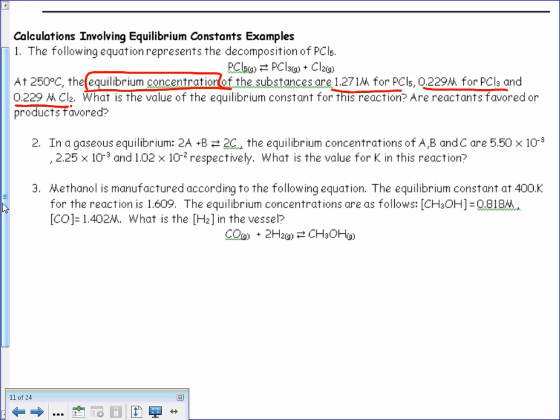The question is, what is the value of the equilibrium constant? What is that asking for? K. We need to always remember what the equilibrium constant is. It's asking for K. And then it asks whether the reactants or the products are favored. Before I do anything, my first step is always to set up the K expression.